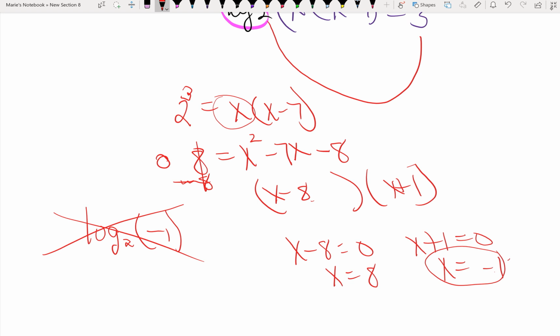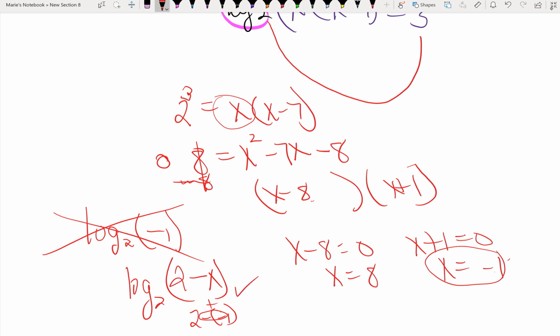Now, if you have an equation in here, that might work. The equation would be something like, say, log base 2 of 2 minus x. If I substitute a negative 1, this is 2 minus negative 1, that's a 3, because those two become a plus.